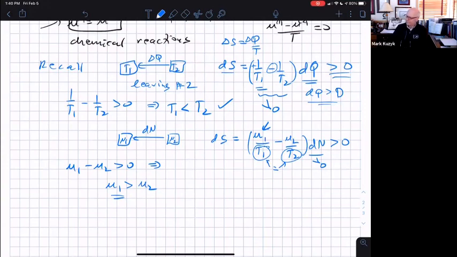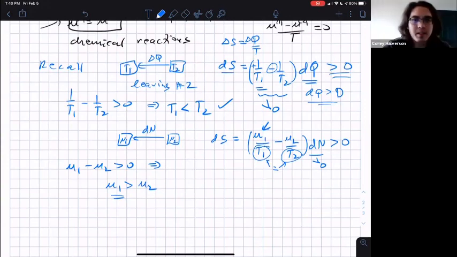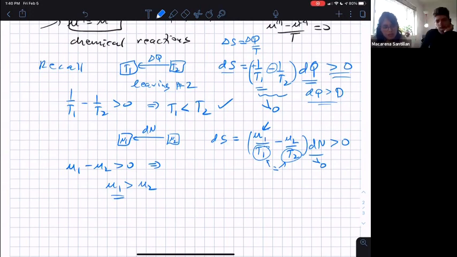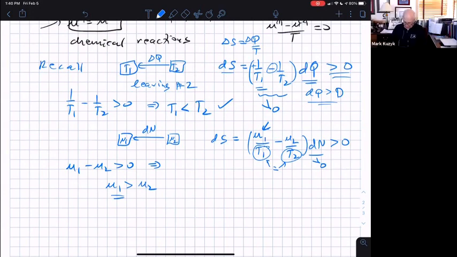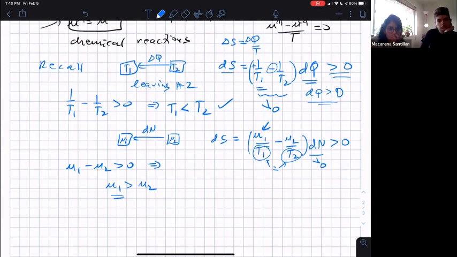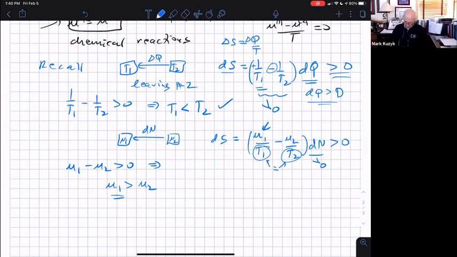So that's so weird. I think just the picture is wrong. The book says that the matter flows from high chemical potential to low chemical potential. Yeah, that's what I think. So someone said the picture is wrong. So I have it flowing from N2 to N1. So N1 is increasing.